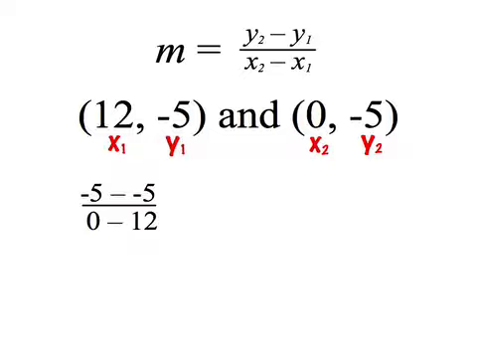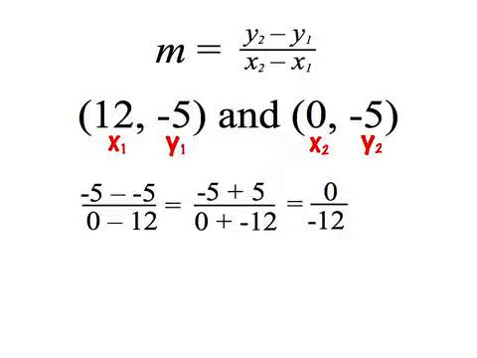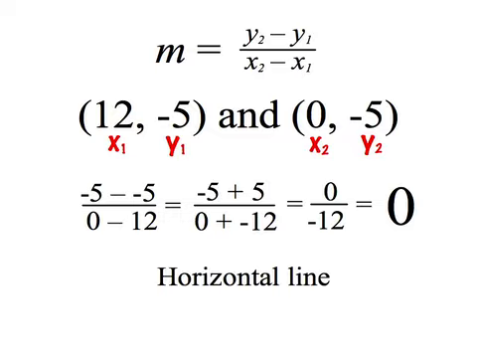So we take a look at the problem, and any number take away itself, of course, is 0. I've chosen to apply the definition of subtraction, so it's negative 5 plus its opposite, but it's still 0. And we know from the previous lesson that if the numerator is 0, the slope is 0, and that, of course, is a horizontal line.